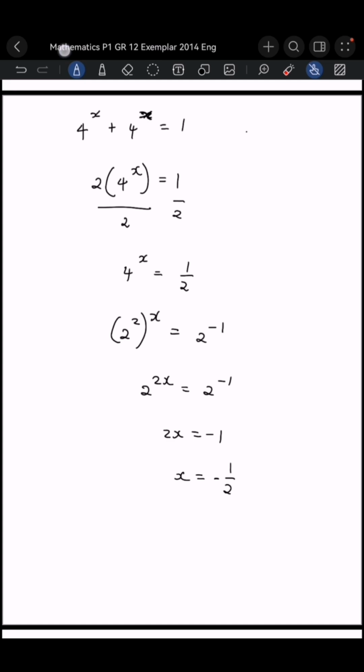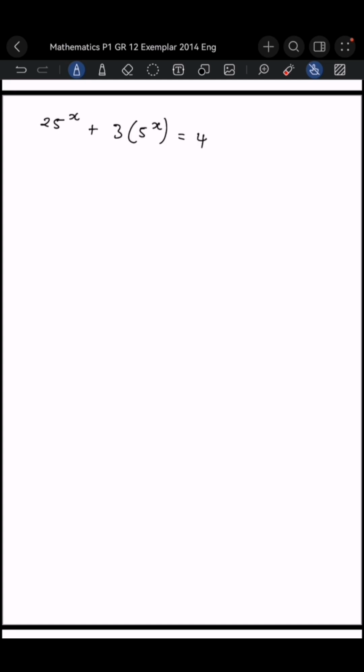That is the solution. We have 25 raised to the power of x plus 3 times 5 raised to the power of x is equal to 4. What we see here is that we can open this to become 5 squared raised to the power of x plus 3 times 5 raised to the power of x is equal to 4.